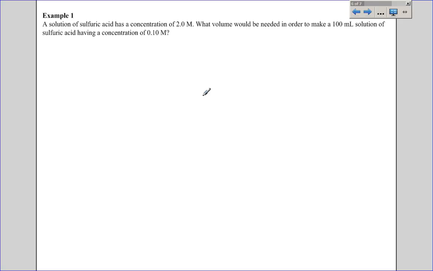So in example 1, we have a solution of sulfuric acid that has a concentration of 2 molar. So this is my starting solution with a concentration of 2 molar. And I want to know what volume I would need in order to make a solution that is 0.1 molar and 100 milliliters.